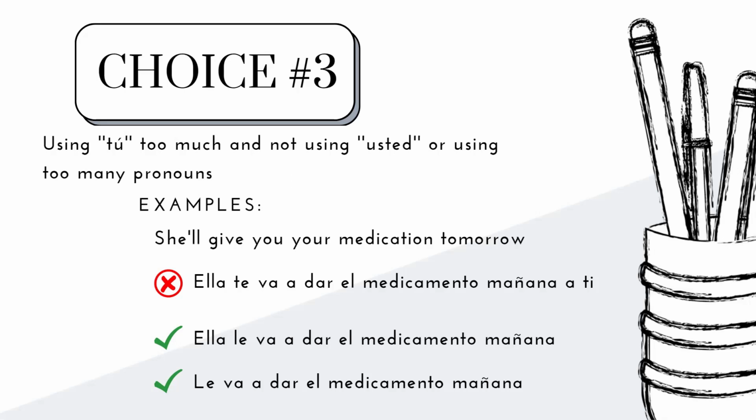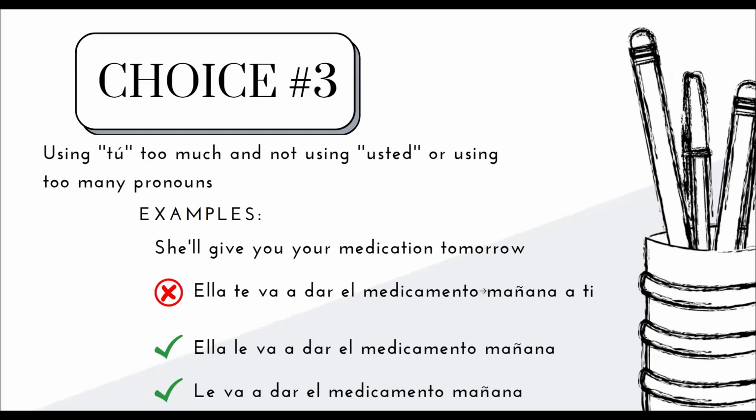That last bit, a ti, is a bit redundant because when you say ella te va, it's already implied that it is you. So we can drop the a ti at the end and it will be less redundant. Another way you can also say is le va a dar el medicamento mañana, if it's very clear that we know who we are talking about.